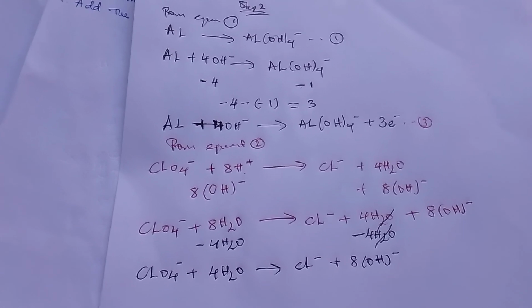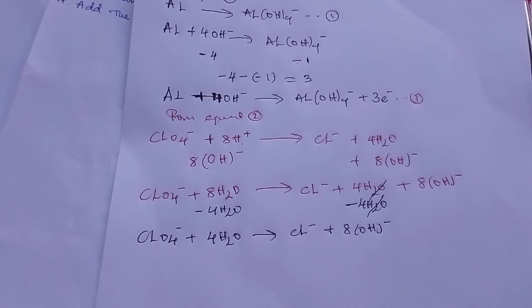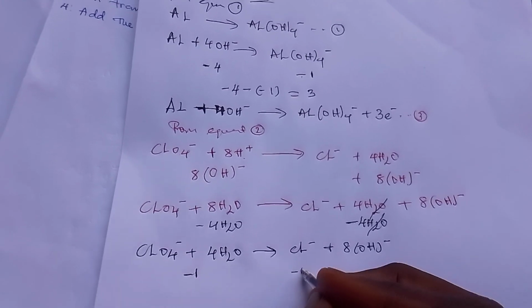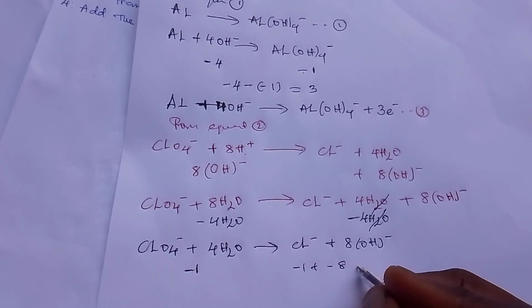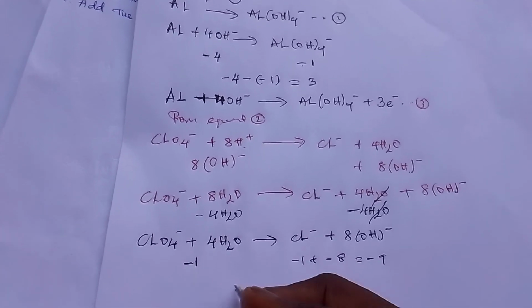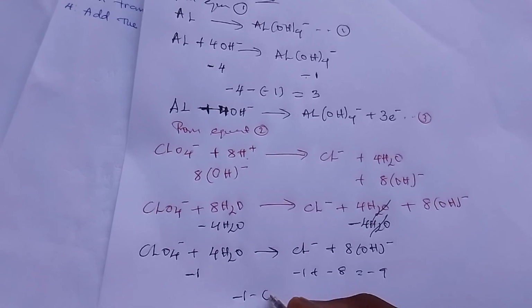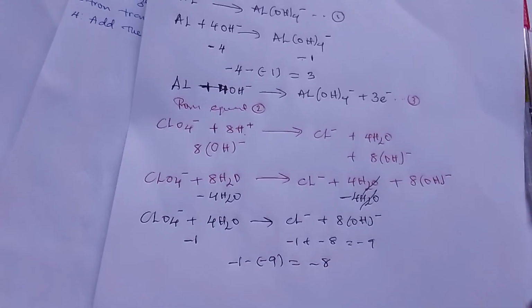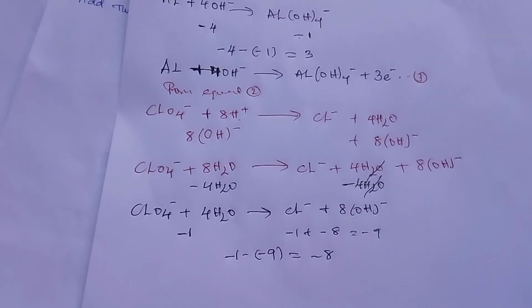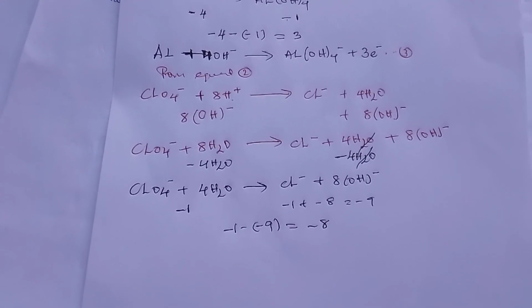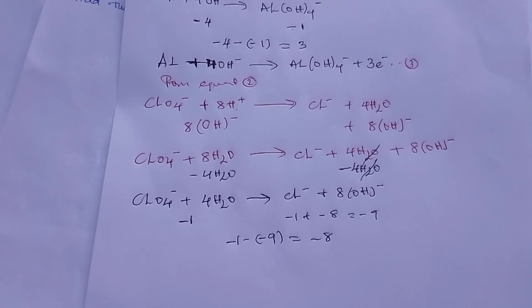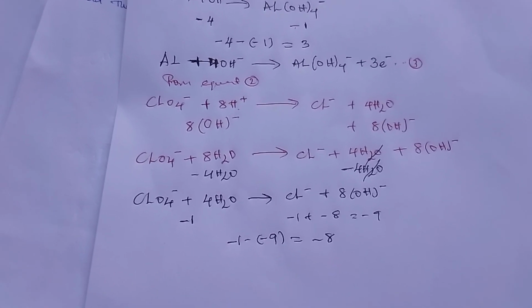So having said that, let me balance the charges now. I have a -1 charge here. -1 plus -8 is -9. So the charge difference becomes -1 minus -9, which gives me -8. All right, I'm going to add the 8 electrons to the side that has the highest charge. Which side has the highest charge?